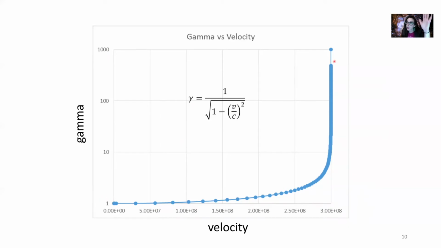So that difference between the proper time and the time measured by someone not in the reference frame of the event that's unfolding is going to get greater and greater the closer that object is moving to the speed of light.